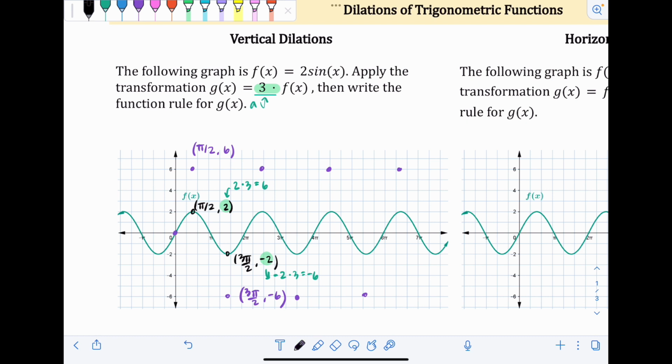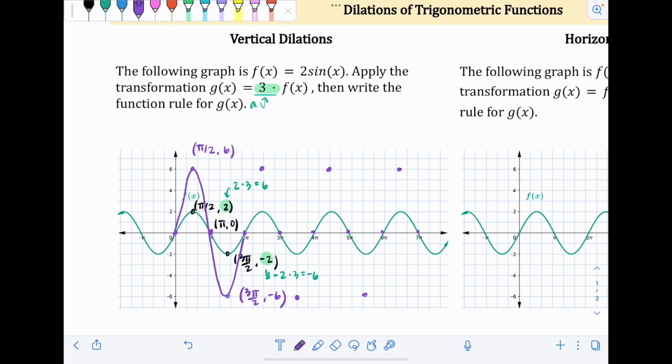The reason the x-intercepts don't change is because this is pi, but the y coordinate is 0. If I take that 0 and multiply it by the scale factor 3, it's still 0. So those are some free points that stay. All the x-intercepts will stay exactly the same. So we can add those in, and then we can begin to connect our points.